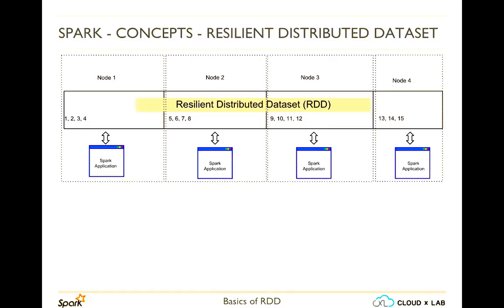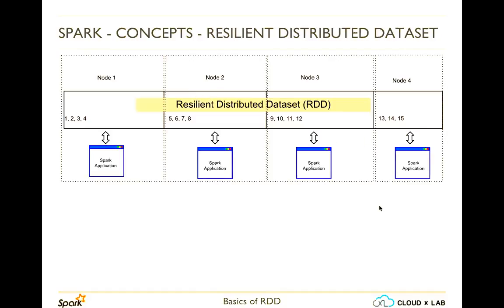When we operate on an RDD, internally you are operating on individual partitions. These partitions will be executed by something called Spark applications on multiple machines. One Spark application processes this partition, another Spark application processes this partition on this particular node, and so on.